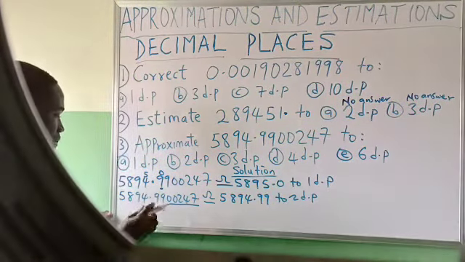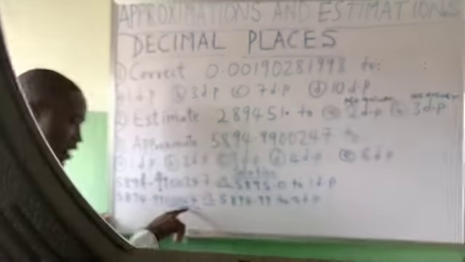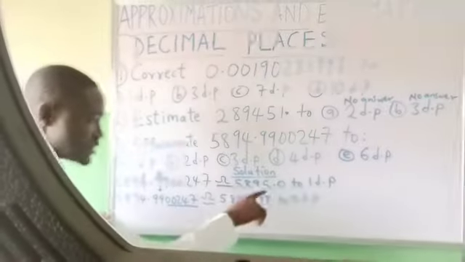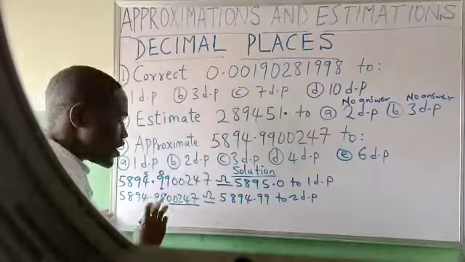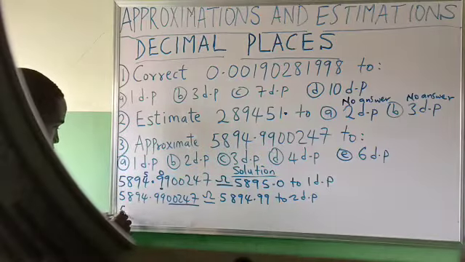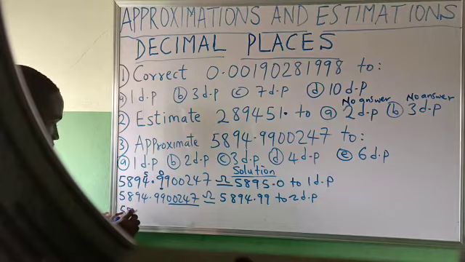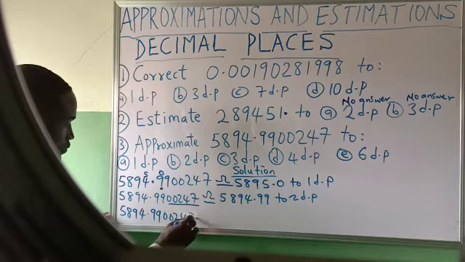Now to 3 decimal place, remember I said when you forget about this, don't replace them with 0000. If you are asked why, say it is because it is located after the decimal point. Now we'll go to the next one, 3 decimal place. 5894.9900247.